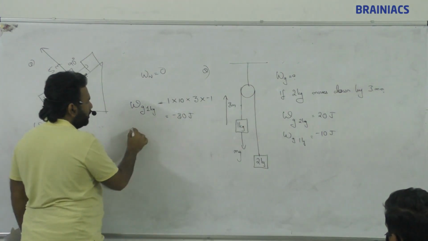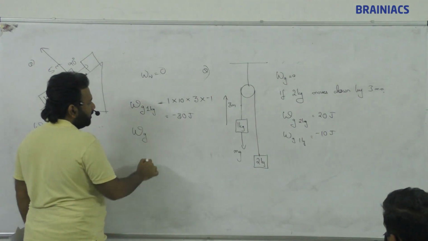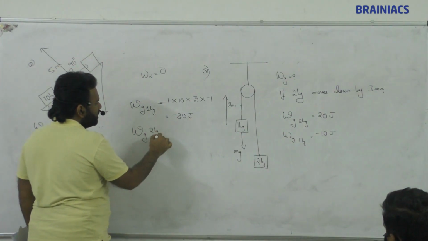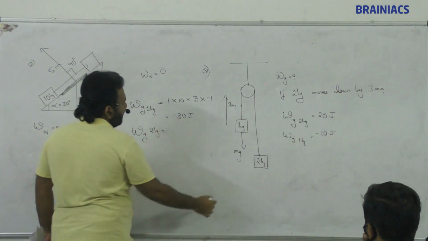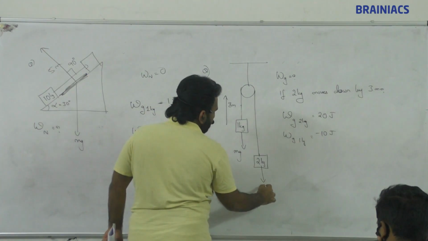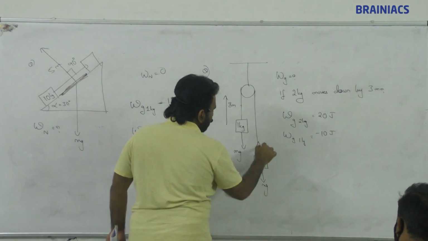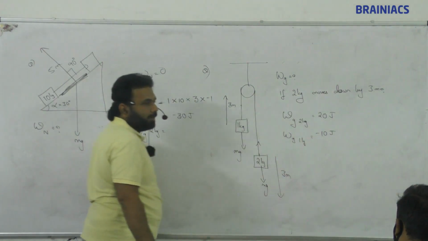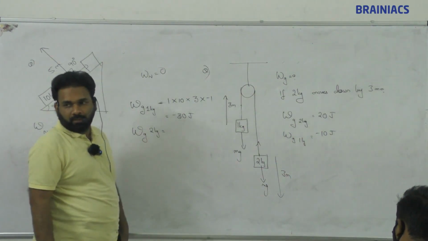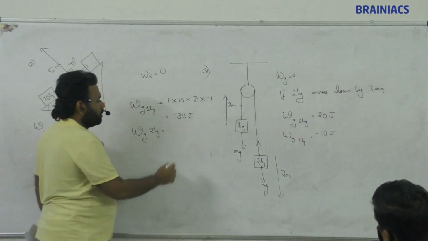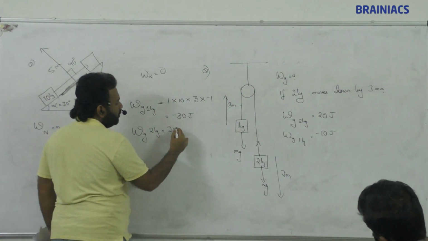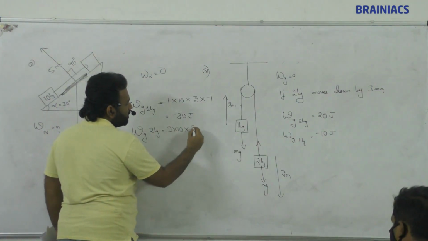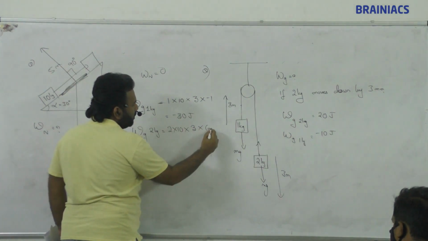Okay, and work done by gravity on 2 kg will be what? Here we have a displacement of 3 meter. So 2 into 10 into displacement 3, this is going to be cos 0.